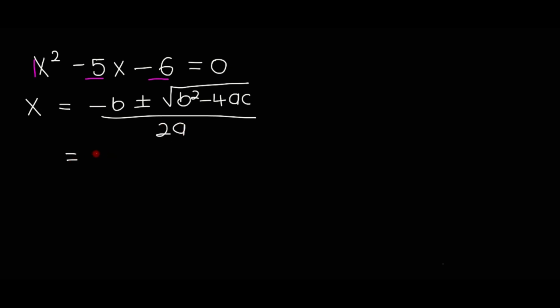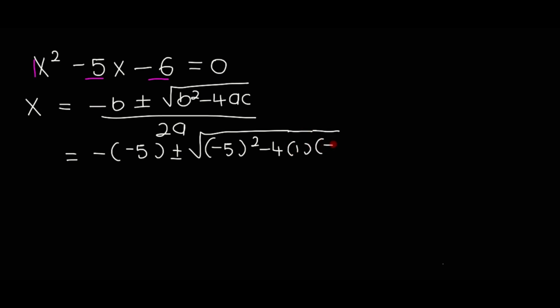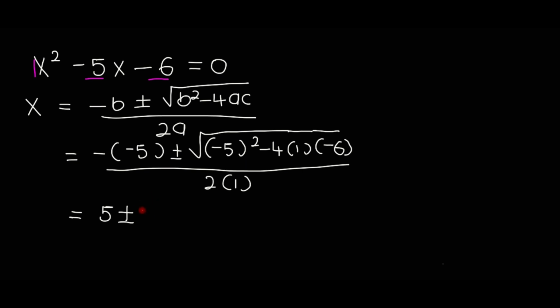So let's substitute. Ordinarily negative 5 plus or minus the square root of minus 5 squared minus 4, a is 1 and c is negative 6, divided by 2 times 1. Negative times negative is positive, so only 5 plus or minus, and then that whole part, when we press the calculator, it will give 49, and then divide by 2.